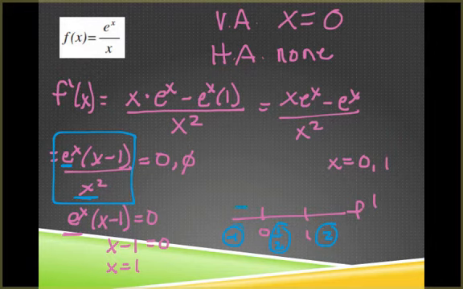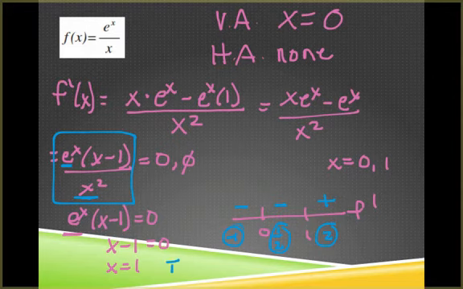If I use 1/2 for my value between 0 and 1, if I put 1/2 into just the x minus 1, I would have a negative number. Everything else was positive, so that answer is negative. And then if I put in 2, 2 minus 1 would be 1, which is positive, and everything else was positive, so that would be positive. So now I know where it's increasing and decreasing, so I can write all of that up.